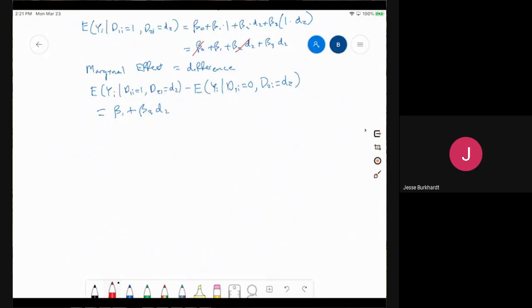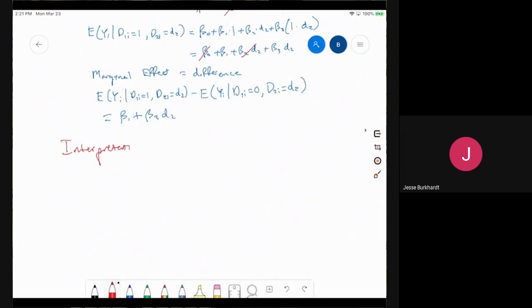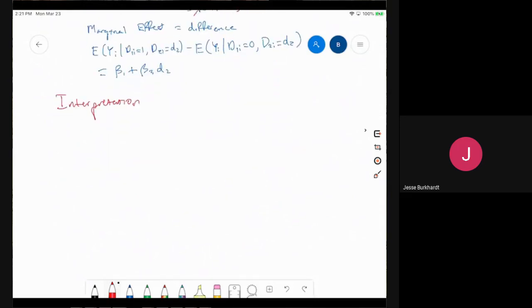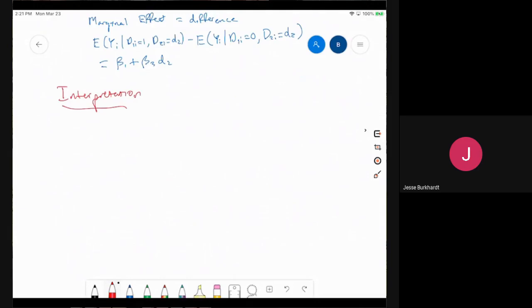So let's interpret some of these. Interpretation. If the person is male, d2 equals 0, the effect of college is beta 1.